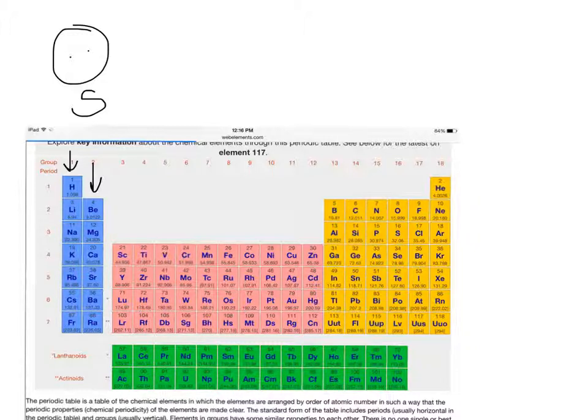Okay, this yellow over here is a p orbital. P orbitals, I remember them and call them propellers. And there's one going across, one going up and down, and then one is sticking out 3D back and forth.